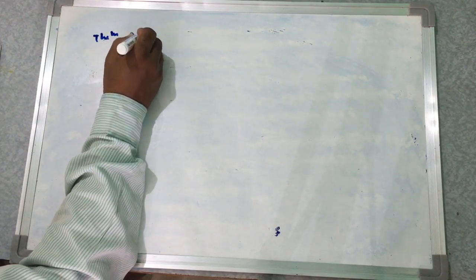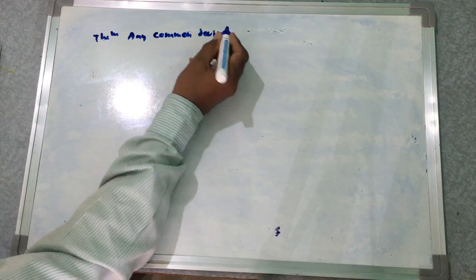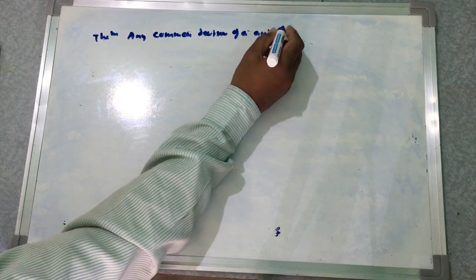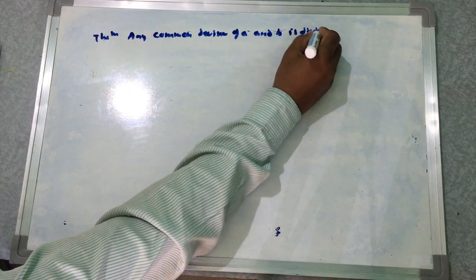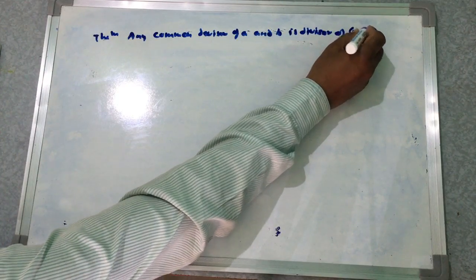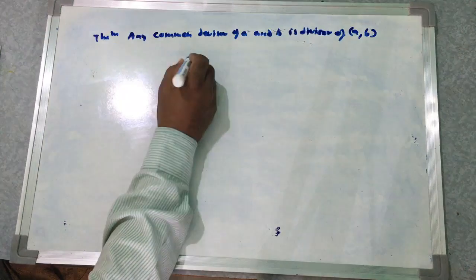Theorem: any common divisor of a and b is a divisor of gcd(a, b).